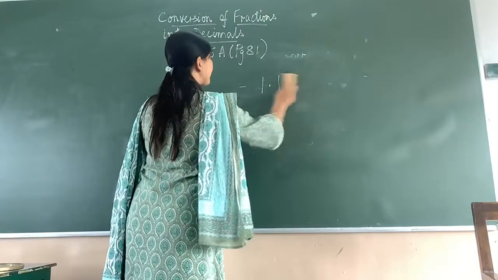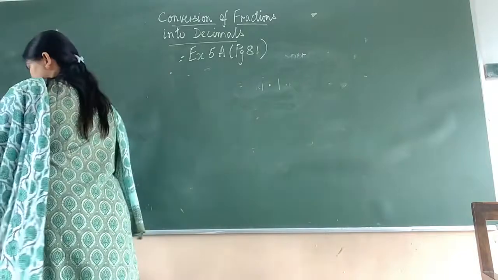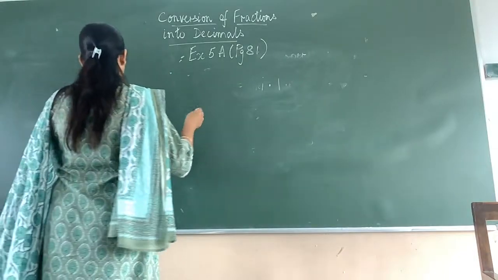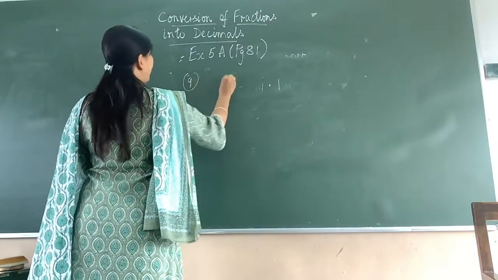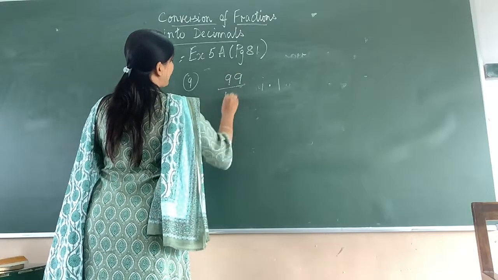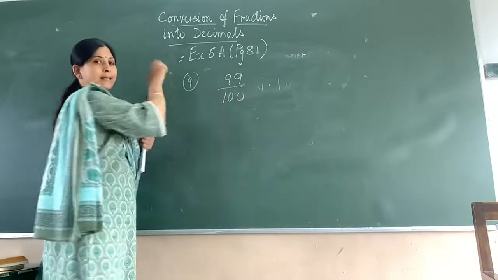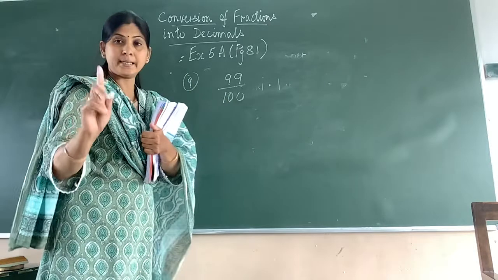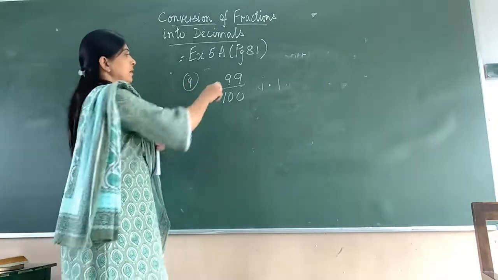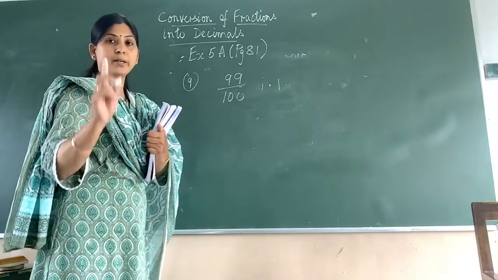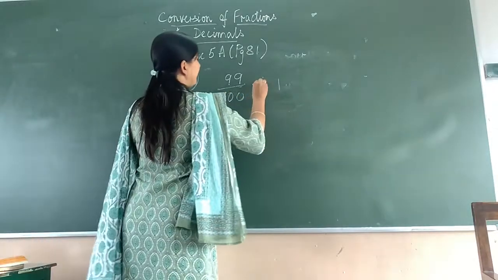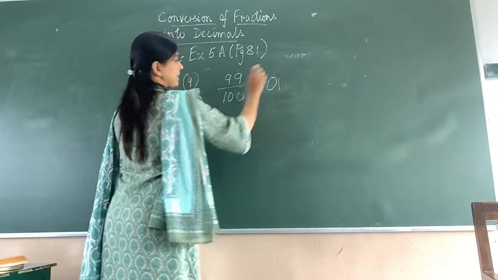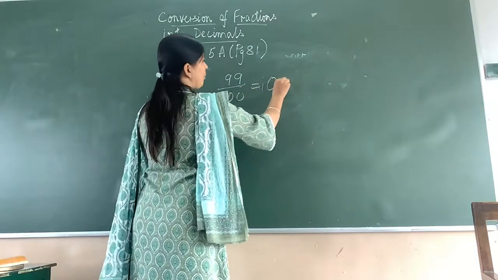Now one more sum, children. After this, let us take question number 9. 99 over 100. The numerator is less than the denominator in this decimal fraction. It means it is less than 1. Whenever the fraction is a proper fraction, less than 1, write 0 point.